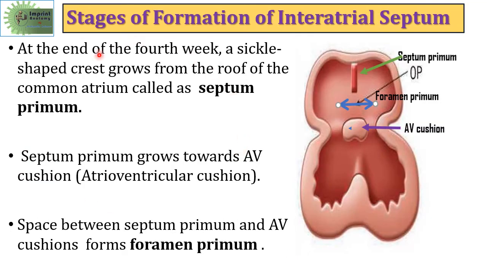So let's see the stages in formation of the interatrial septum. In this picture, you can see the interior of the developing heart. This is the common atrium, which is also called the primitive atrium. This is the common ventricle, also called the primitive ventricle.